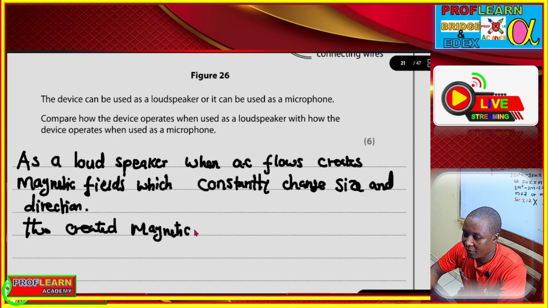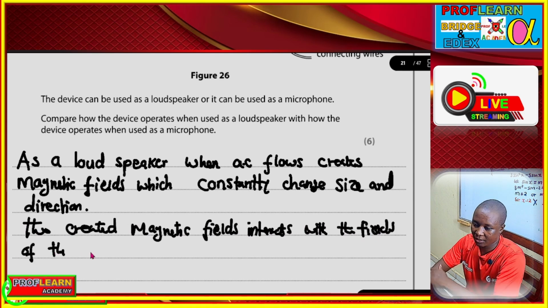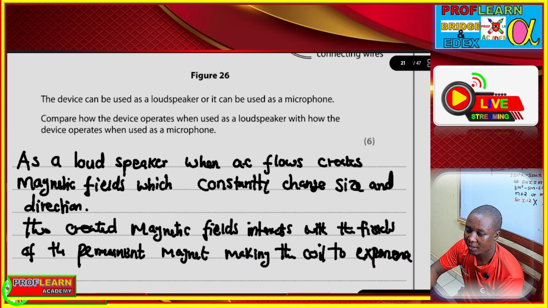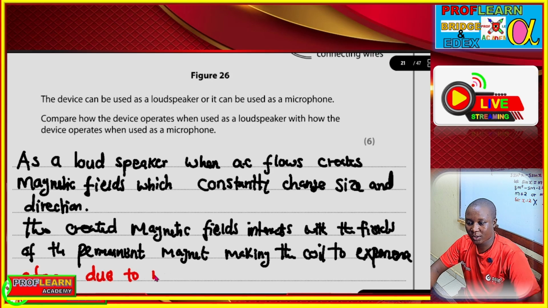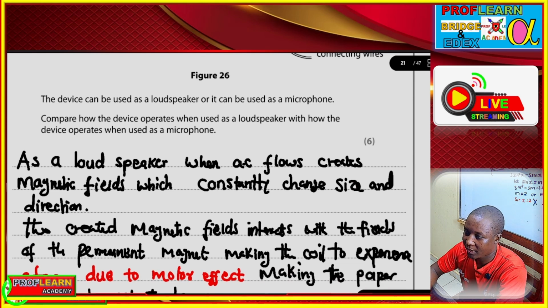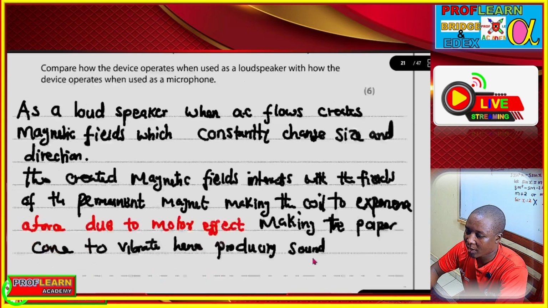The created magnetic fields interact with the fields of the permanent magnet, making the coil experience a force, and the force is varying in size and direction, so due to the motor effect, making the paper cone vibrate, hence producing the sound. So that is how you're going to structure your answer when it comes to how a loudspeaker works.